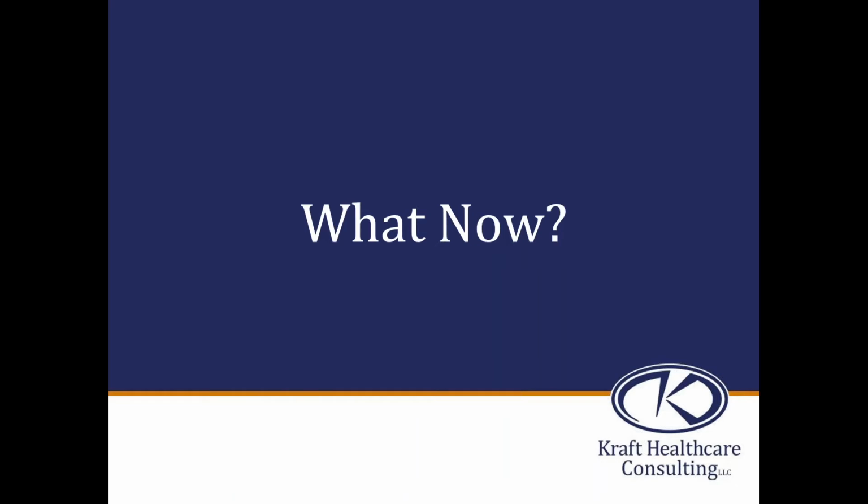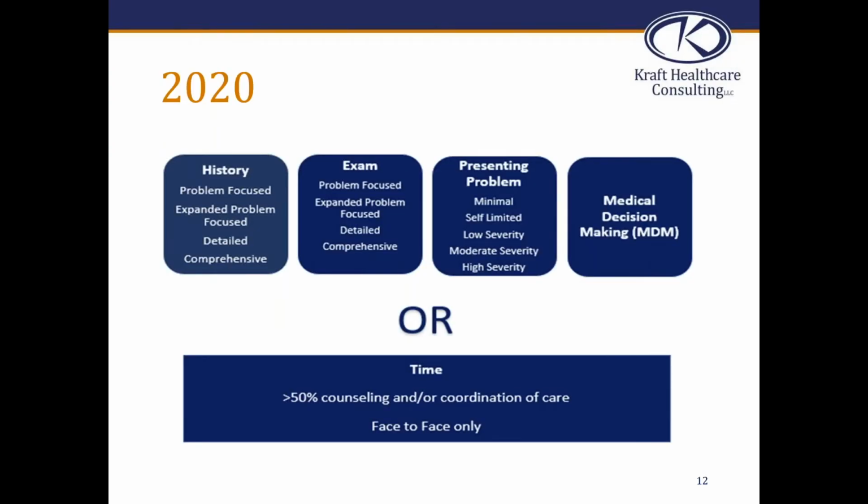So what now? In 2020, currently, we have a history, an exam, a presenting problem, and medical decision-making or time. That's how we decide how we're going to select a CPT code for an office visit.